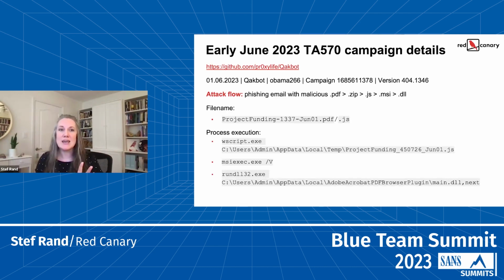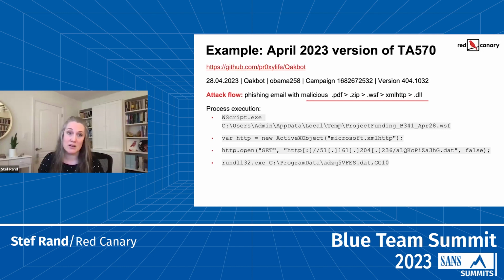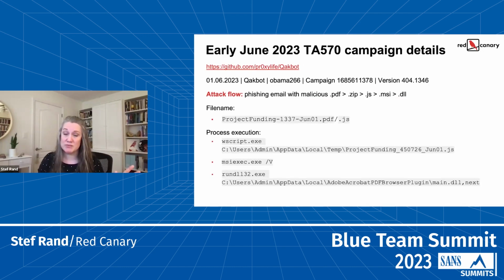So as you can see, we've gone to JavaScript and MSI instead of that XML HTTP request to actually reach out and pull down that Qbot DLL. So again, here's April, here's June with those new JavaScript and MSI files, but you've still got the initial malicious PDF. There's still patterns here. You've still got the zip.